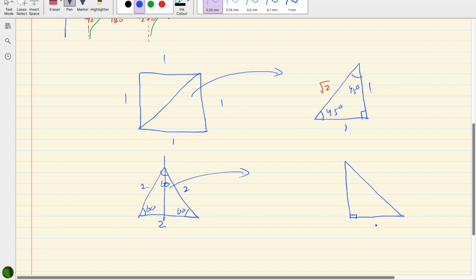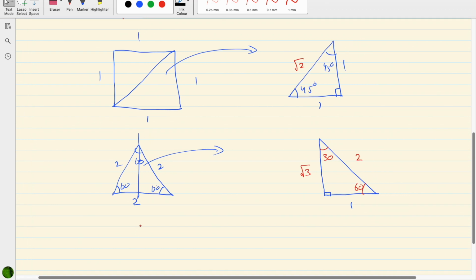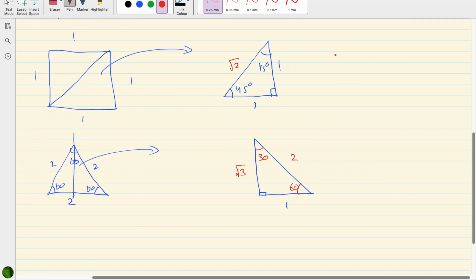so this is now 1 as we split it up vertically. This was still 2. This angle is 60. The angle at the top is 30. Applying Pythagoras theorem, we get square root 3. So we can answer some values from these two triangles, like tan 30.